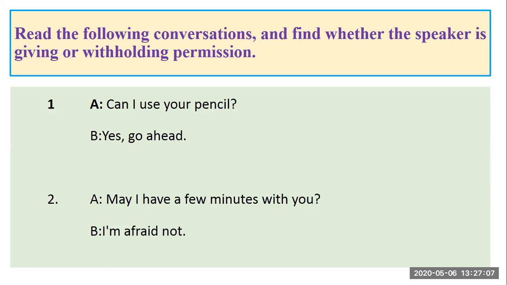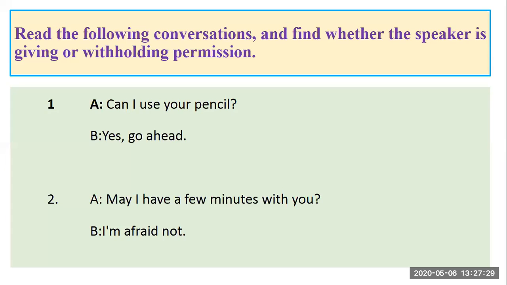Can you try to change dialogue number 2 into reported speech together? Okay, two of them are talking. Look, A says, may I have a few minutes with you? And B says, I'm afraid not. So previously what I said: B allowed A to use his pencil. Finished. This is the reported speech.